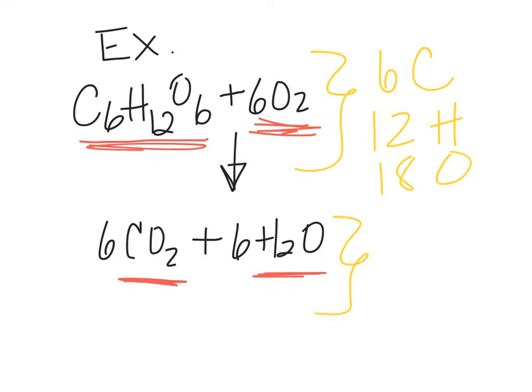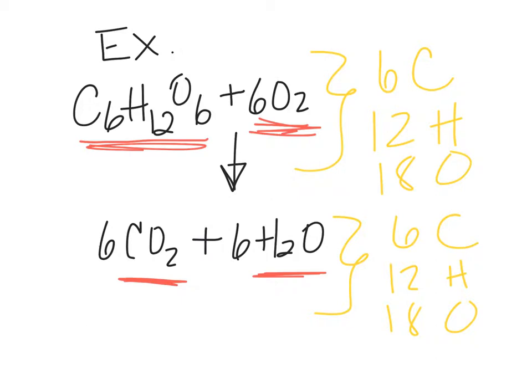And if you come down to this side of the equation to see what our new substances are, carbon dioxide and water, you will again find 6 carbon atoms, 12 hydrogen atoms, and 18 oxygen atoms. And don't worry if you can't see that right now. We're going to go over chemical reactions and how you write formulas and how you count up the atoms later on in the semester. But for now, it's just important to note that we didn't create or destroy atoms. We just regrouped them to form new molecules.